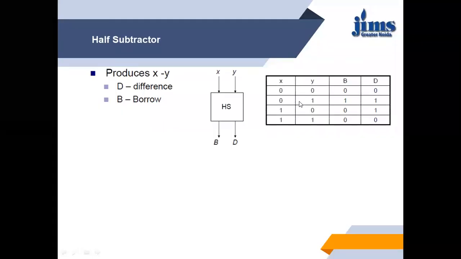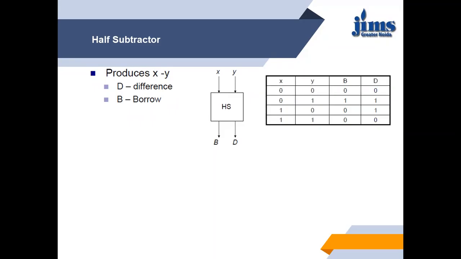So here is the truth table with the 2 inputs x and y. We have 4 combinations, defined as 2 raised to the power 2, that is 4, ranging from 0 0, 0 1, 1 0 and 1 1. You can just look into the table and find out the way the outputs are listed.